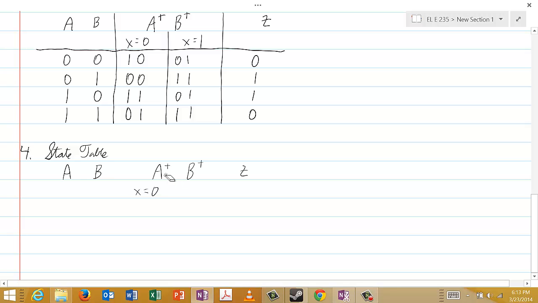Sorry, I don't want to put A. Let's change this just a little bit. Instead of saying A and B and A plus B plus, let's say present state and next state. And you'll see the reason in just a moment. But other than that change, the basic format of the table looks the same.